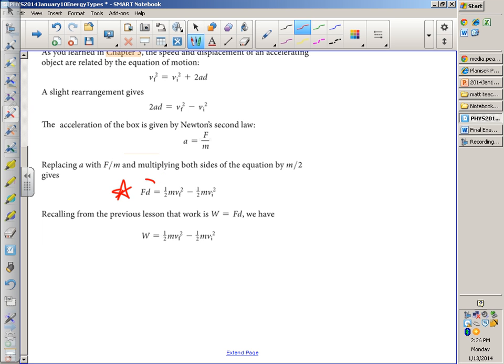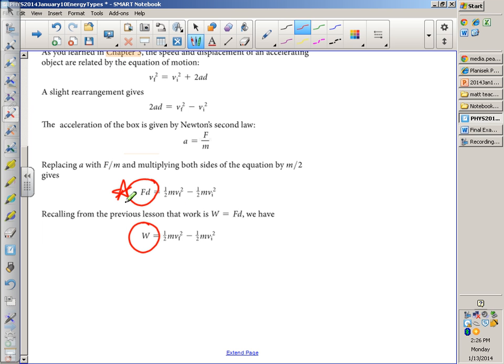The left-hand side of this equation, I hope, looks familiar. All right? What is the left-hand side of that equation that I just circled in red? It's force times distance, which we learned last week is how we calculate what? Work, right? So the left-hand side of this equation is equal to the work that is done in a situation.